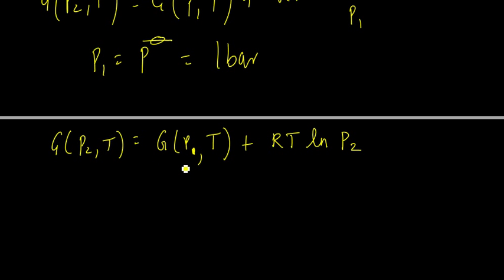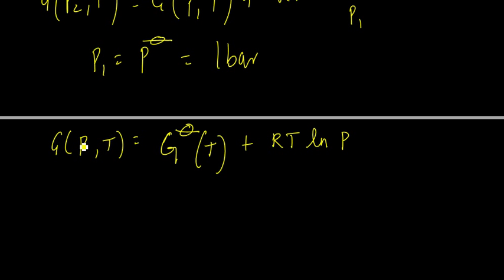Instead of writing G at P1 and temperature T, what I write is G, the standard one, at temperature T. And then I don't even have to worry about P2 or P1, because this is for whatever pressure.